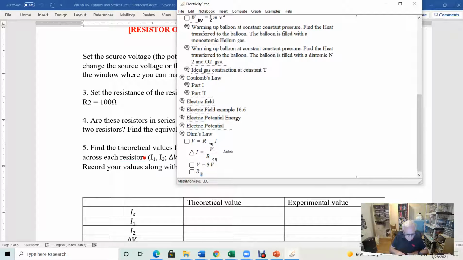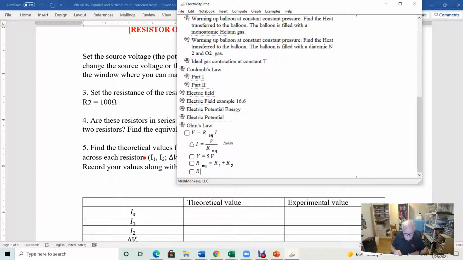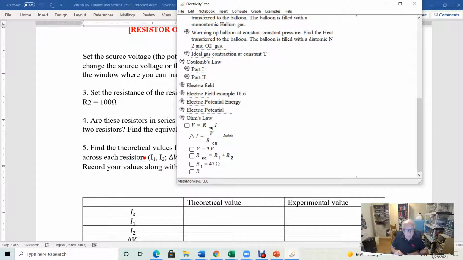The equivalent resistance is going to be R1 plus R2. R1, we know that we put that as being 47 ohms. R2, 100 ohms.